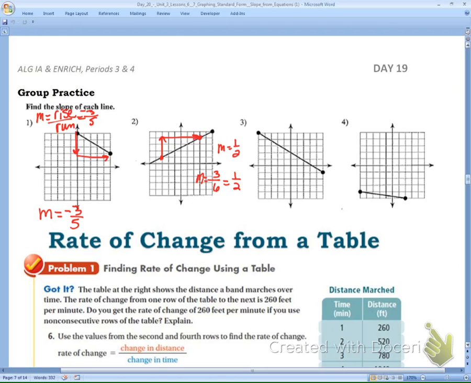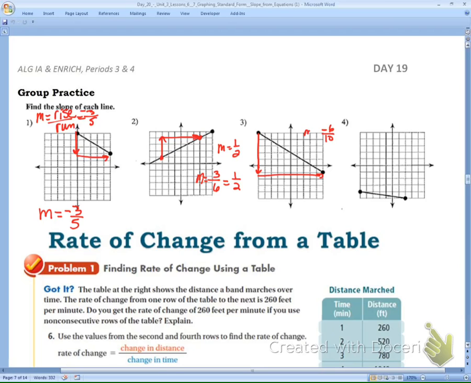Let's look at number 3. What did you find out was your rise? Well, we found out it's actually a fall. We had to fall down how many? 1, 2, 3, 4, 5, 6. So negative 6 over how many? 1, 2, 3, 4, 5, 6, 7, 8, 9, 10.